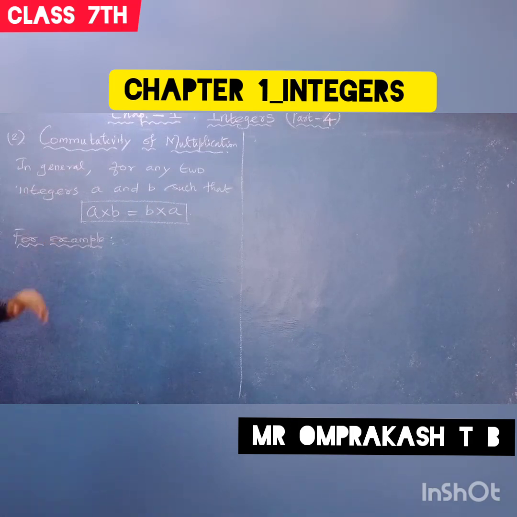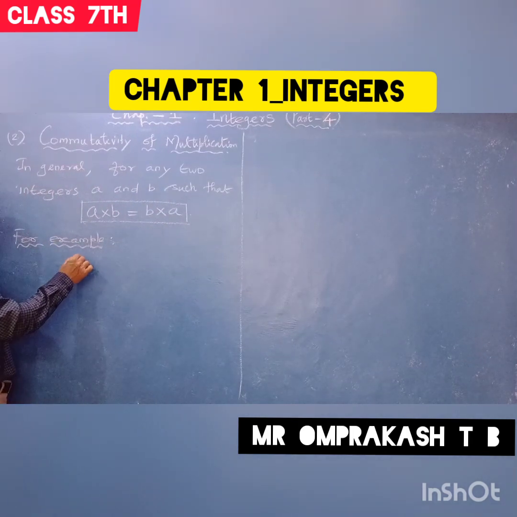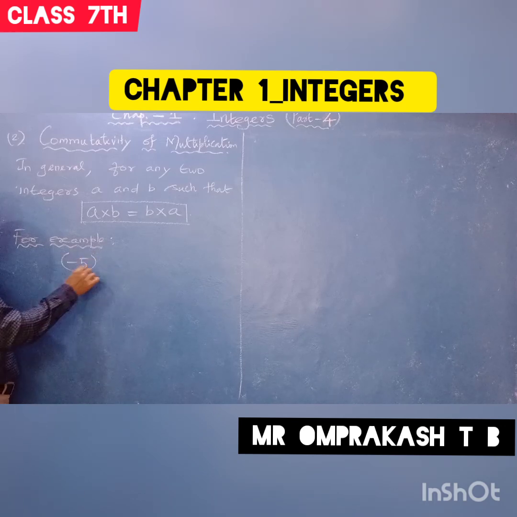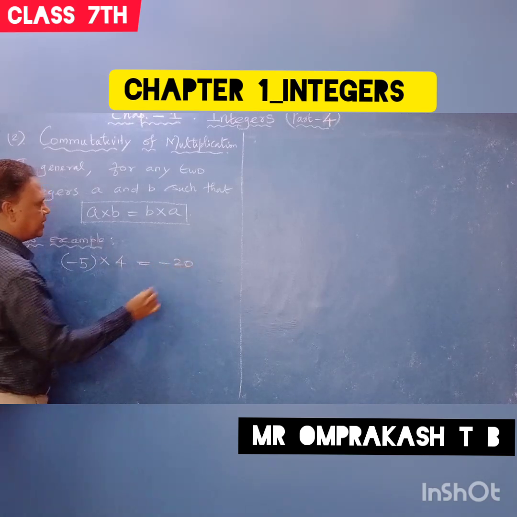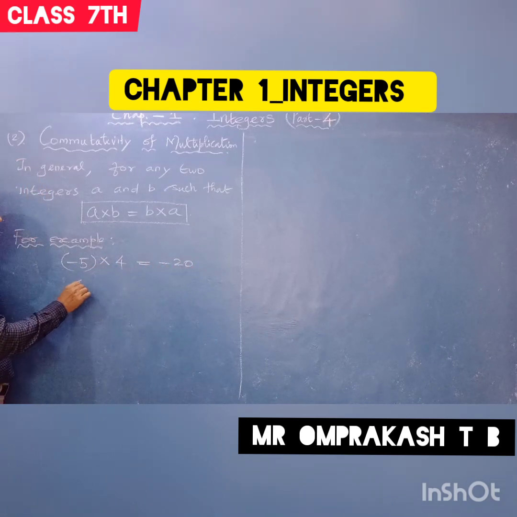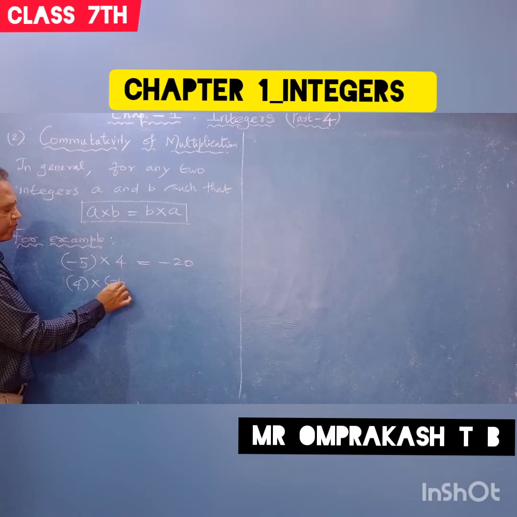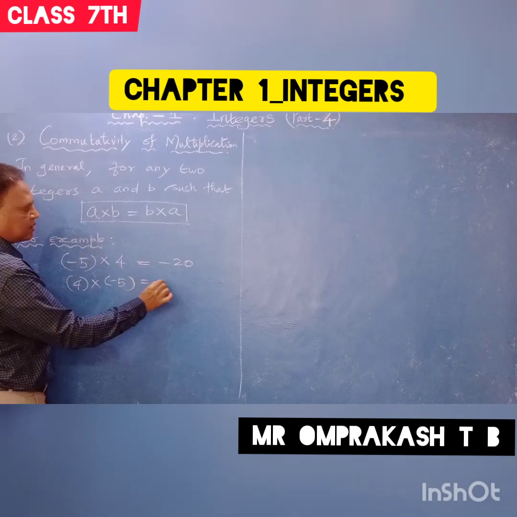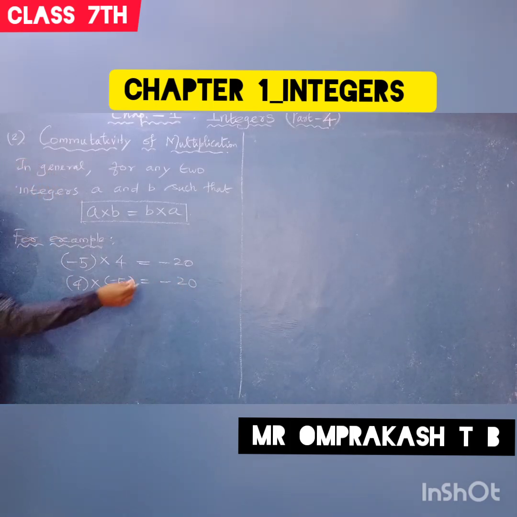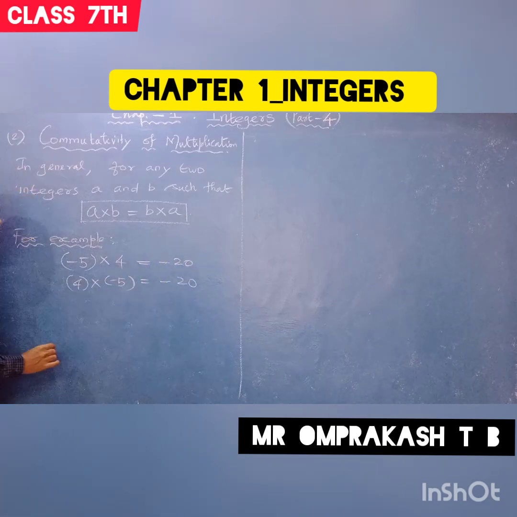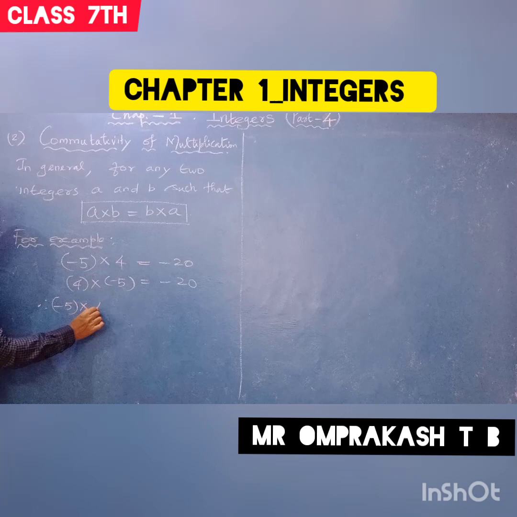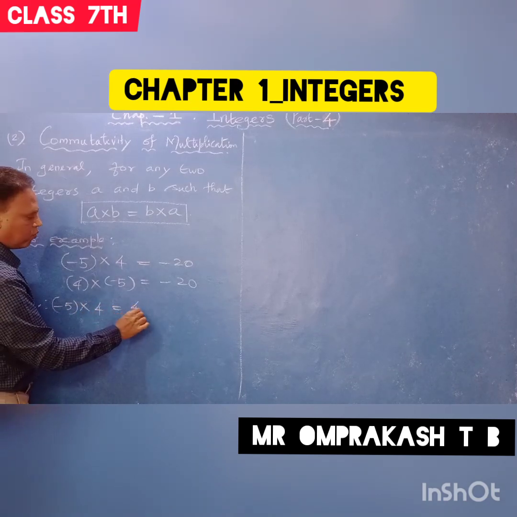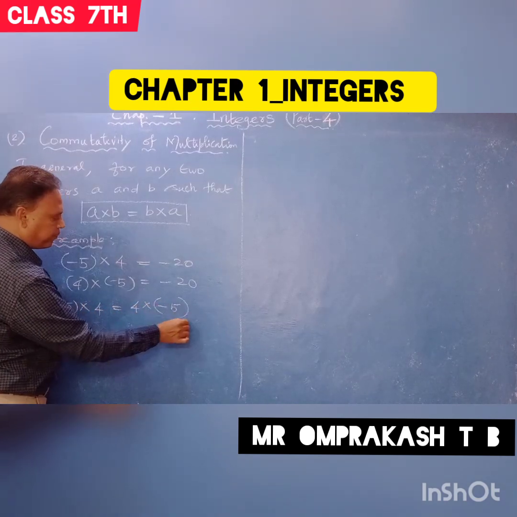Okay. For example, you see, you take any two integers. Minus 5 into 4. Right? How much? Minus 5 into 4, minus 20. Right? Then same way, 4 into minus 5. Just interchange. Same we will get, minus 20. So both are integers, minus 20 is an integer. Therefore, it is satisfied. Therefore, minus 5 into 4 is equal to 4 into minus 5.